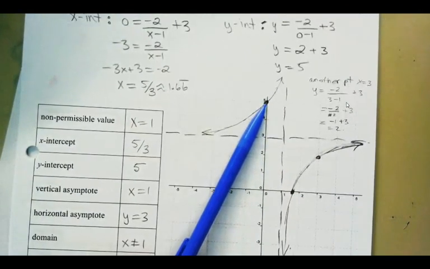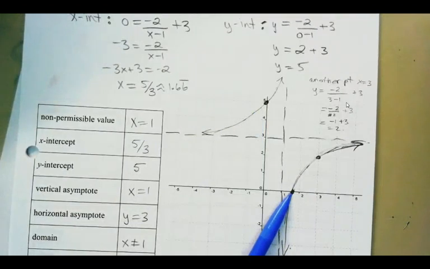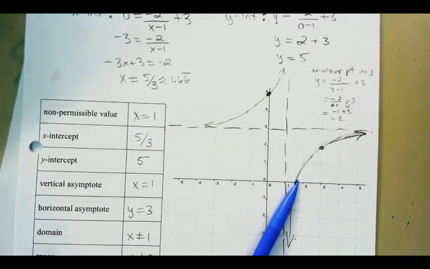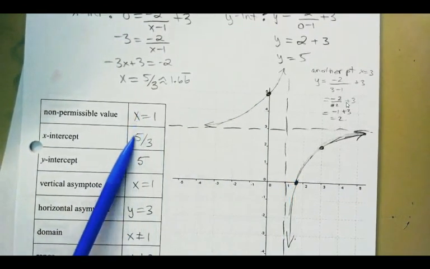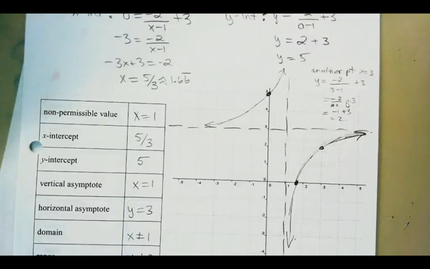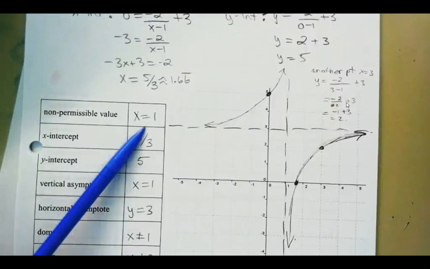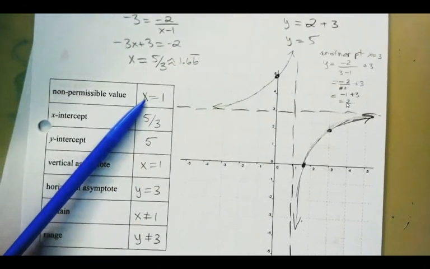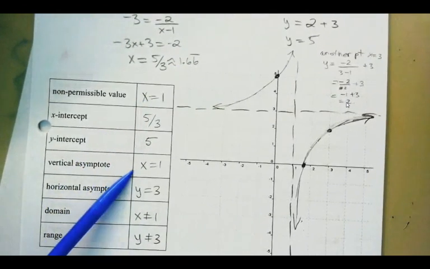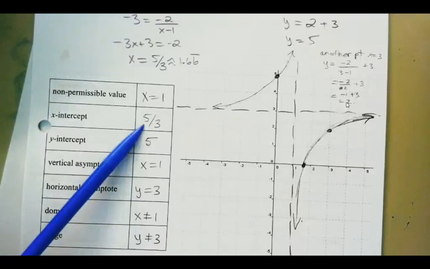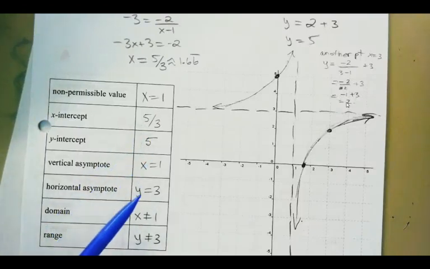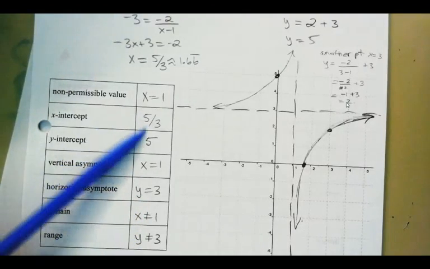There's my y-intercept, and there's my x-intercept. Then I filled in all of the stuff in my chart: my non-permissible value and vertical asymptote, x-intercept, y-intercept, horizontal asymptote, and domain and range. Those are all intertwined with each other.